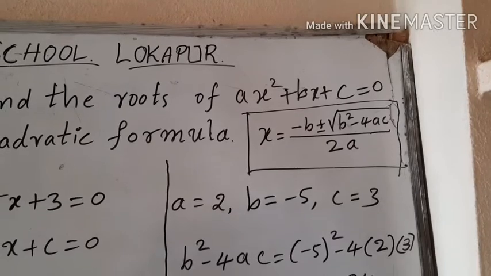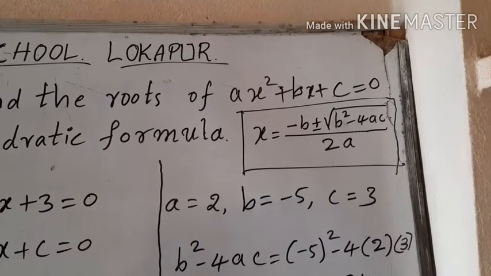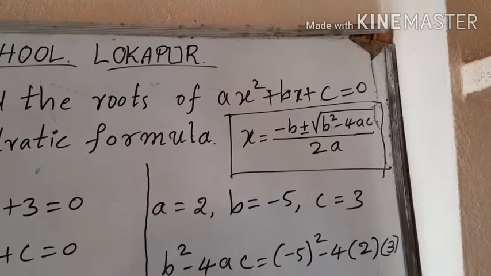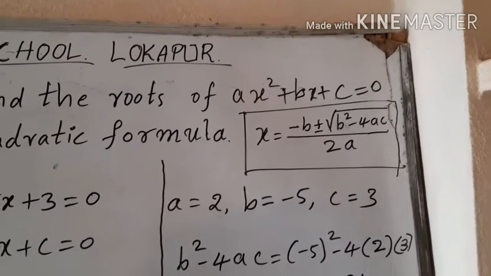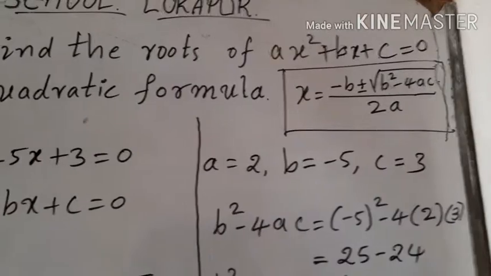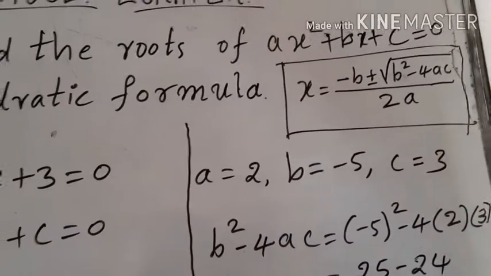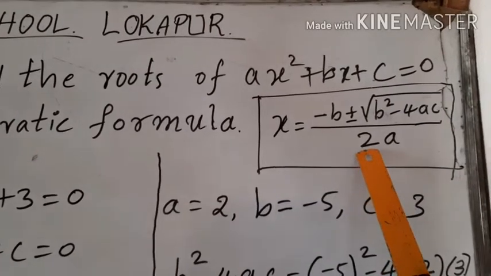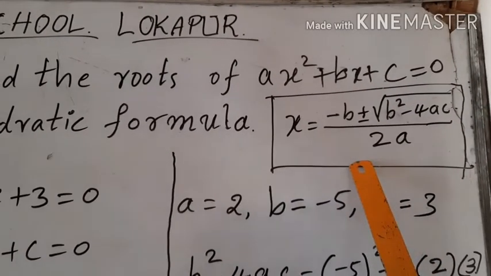Here x can be equal to minus b plus root b square minus 4ac upon 2a, or minus b minus root b square minus 4ac upon 2a. This is called the quadratic formula.